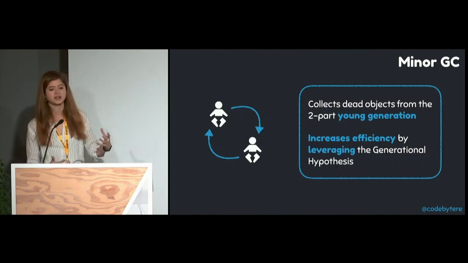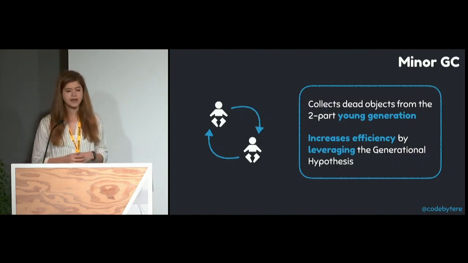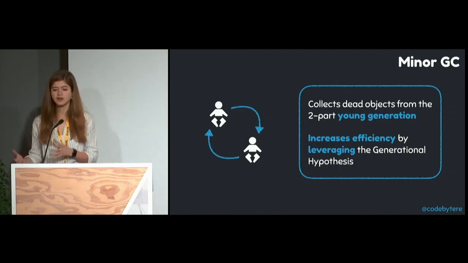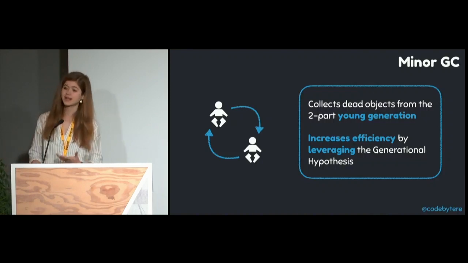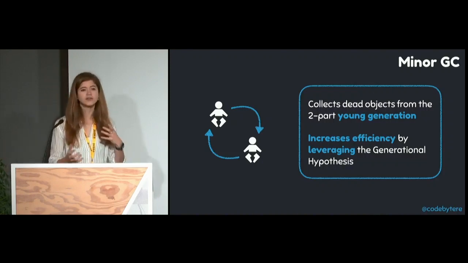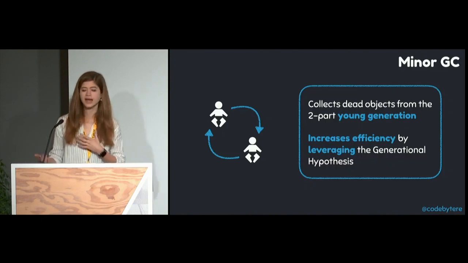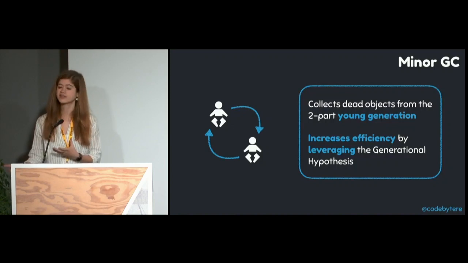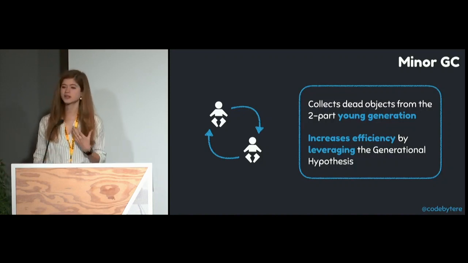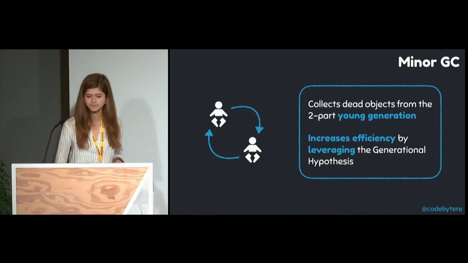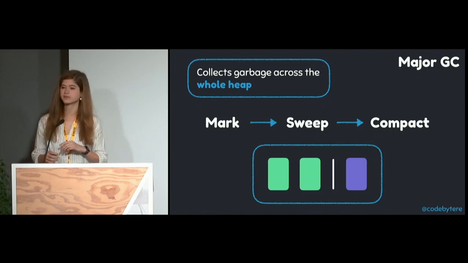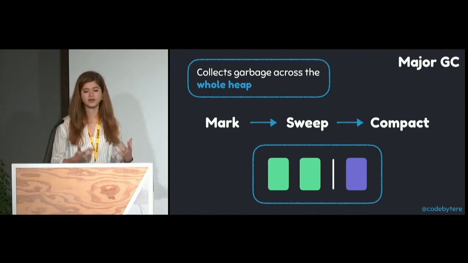V8's minor garbage collector, called the scavenger, exclusively collects objects from this younger generation. This generation is likely to need very frequent collection, owing to the fact that most of the objects allocated are moving quickly out of scope. It also cheapens the short-lived objects significantly, as your apps will only need to pay down the cost for objects that survive scavenger collection. If an object survives 2 rounds of garbage collection, V8 moves it to the old generation.